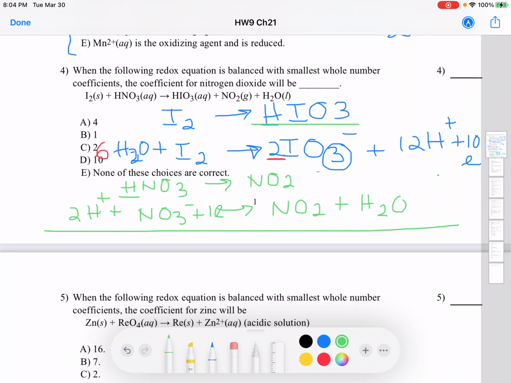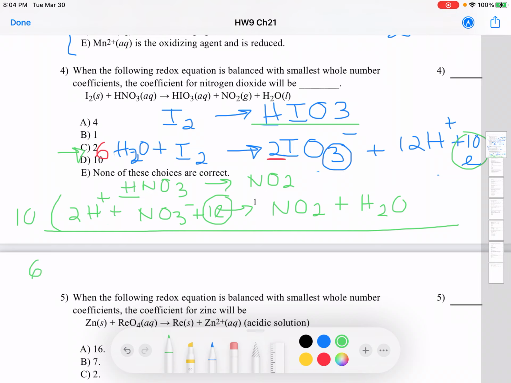So we want to make sure our electrons are equal. There is 1, there is 10. So what do we need to do? We need to multiply this by 10. So when you multiply, that would become 20 hydrogen, right? And we're going to be adding this and the other equation after multiplying by 10.